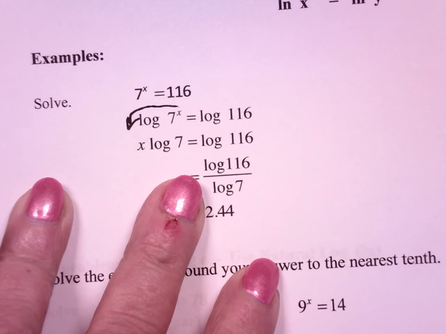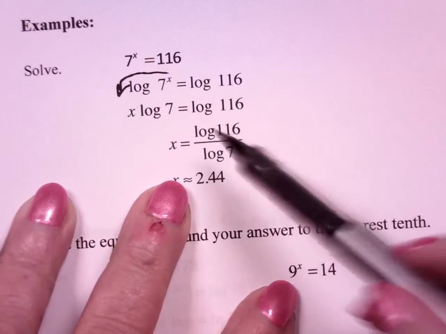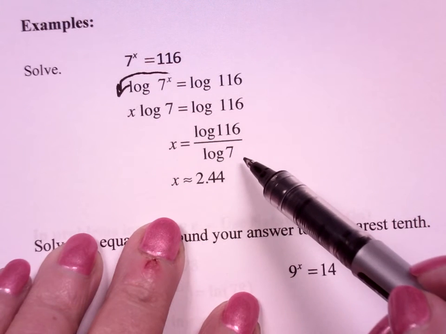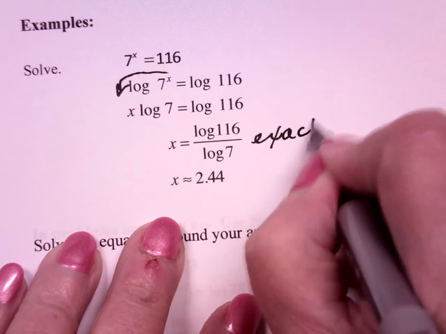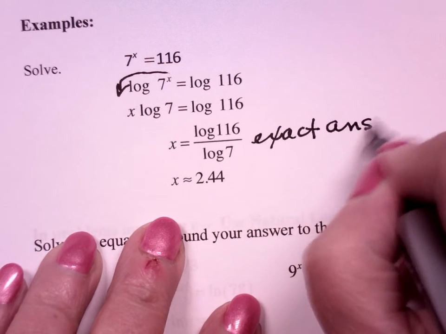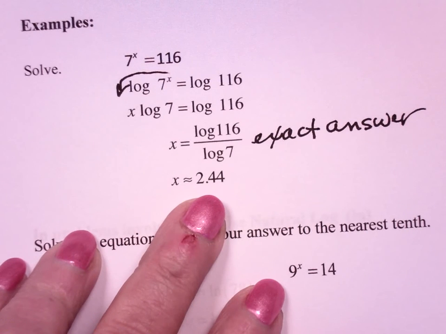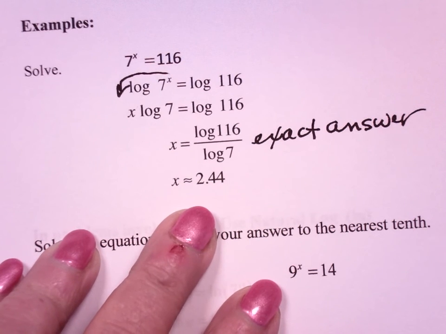They're decimal numbers. So divide by log of 7. So you have the log of 116 divided by the log of 7. And this is an exact answer. The minute I put it in my calculator, then I had to round, so x is approximately 2.44.